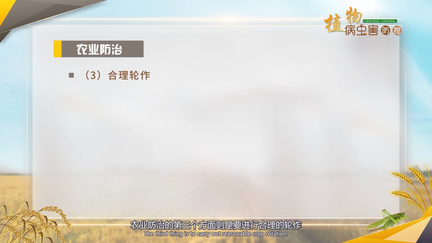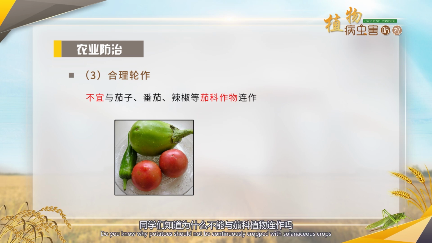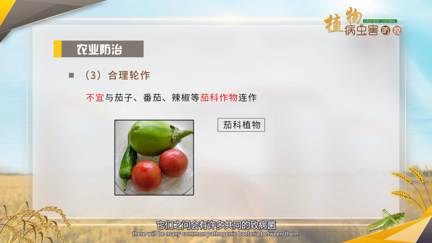The third thing is to carry out reasonable crop rotation. Potatoes should not be continuously cropped with eggplant, tomato, pepper, and other solanaceous crops. Do you know why? Because potatoes also belong to the solanaceous family, there will be many common pathogenic bacteria between them.